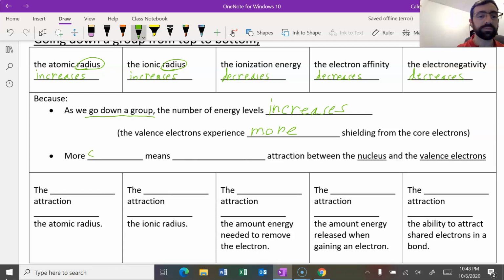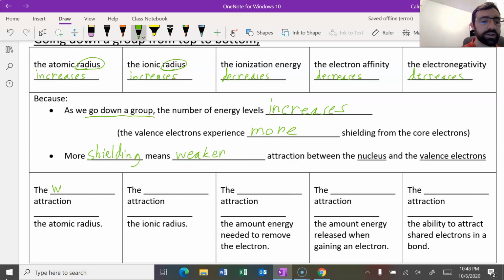More shielding means weaker attraction between the nucleus and the valence electrons. We've got a greater distance between the valence electrons and the nucleus.